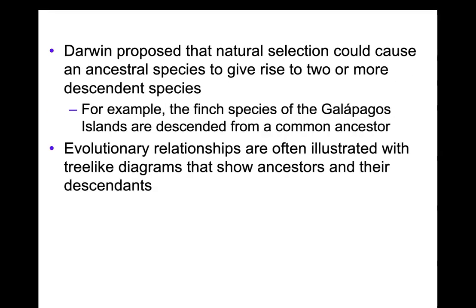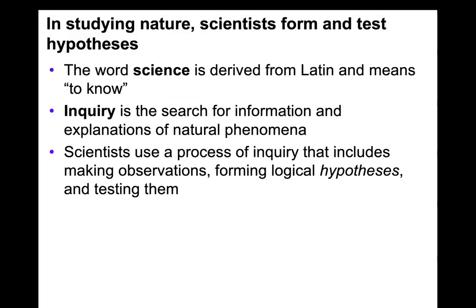Darwin proposed that natural selection could cause ancestral species to give rise to two or more descendant species. For example, the finch species in the Galapagos Islands are descended from a common ancestor. Evolutionary relationships are often illustrated with tree-like diagrams that show ancestors with their descendants.